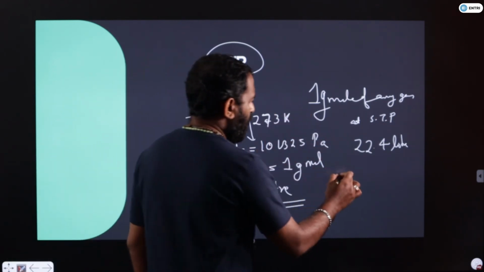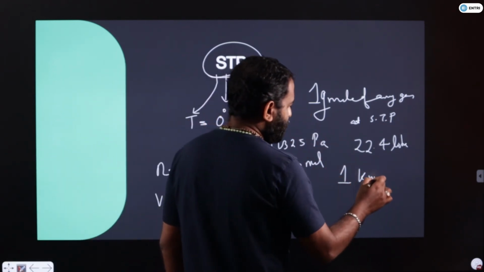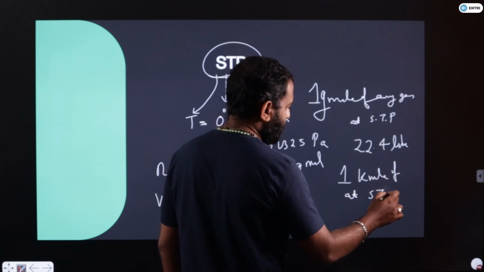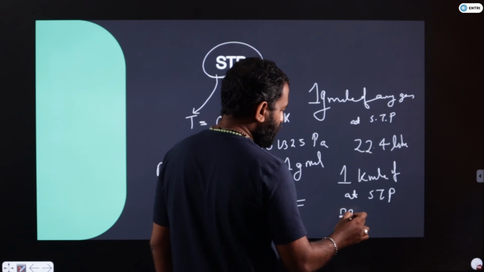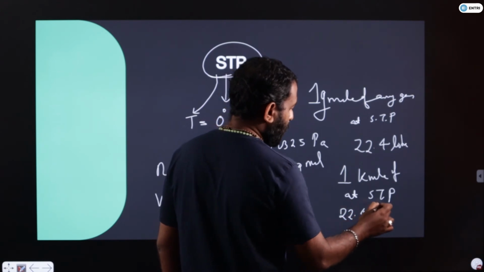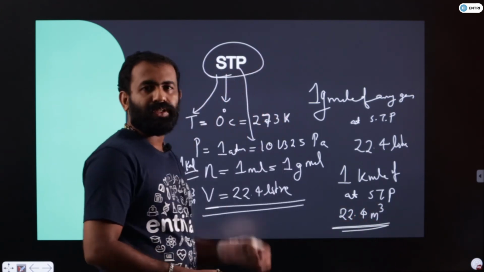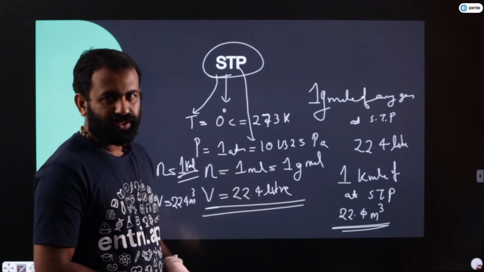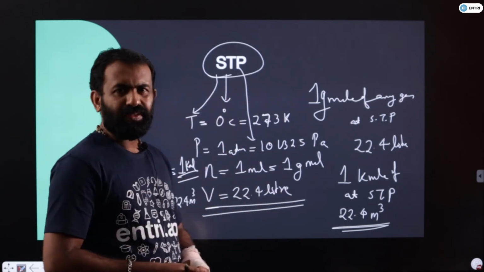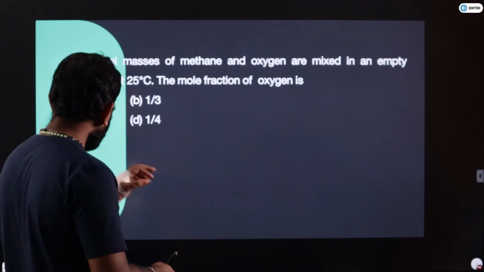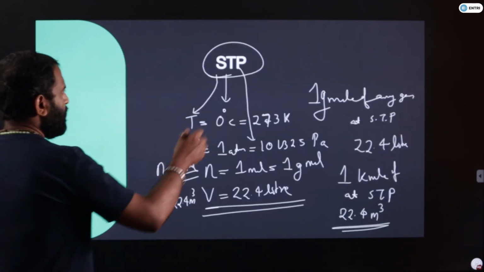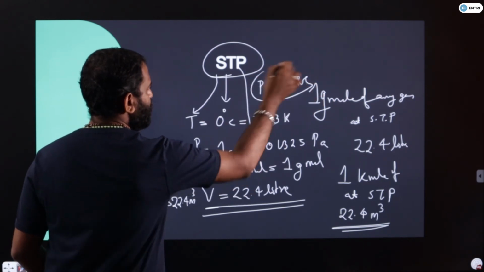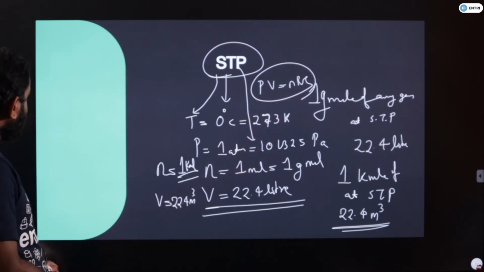So, 1 kilomole of any gas at STP gives 22.4 meter cube. Clear? Standard temperature and pressure. And these calculations are based on the ideal gas equation, PV is equal to nRT.